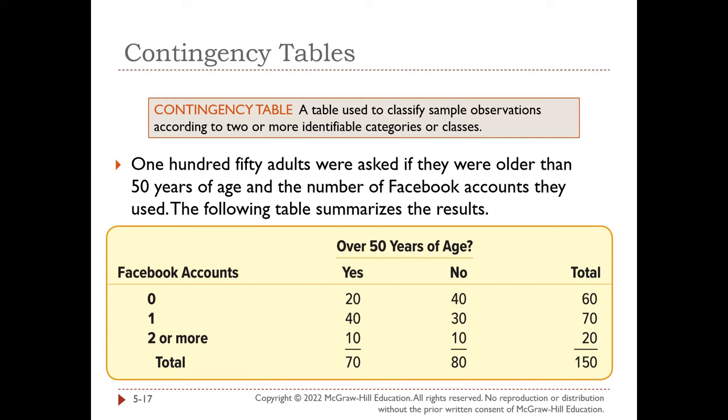It's there to classify sample observations according to 2 or more identifiable categories or classes. Again, when we look at nominal, that's basically names and whatnot, not interval or ratio, just information.